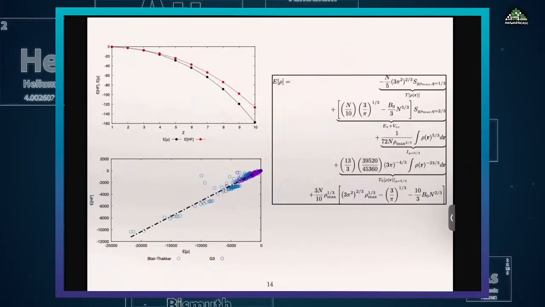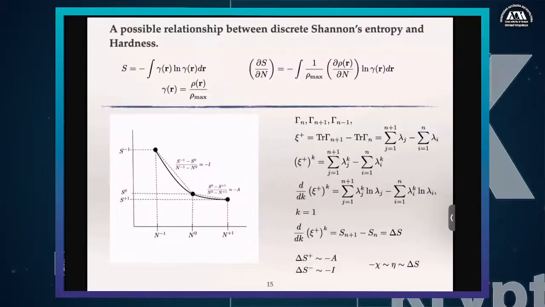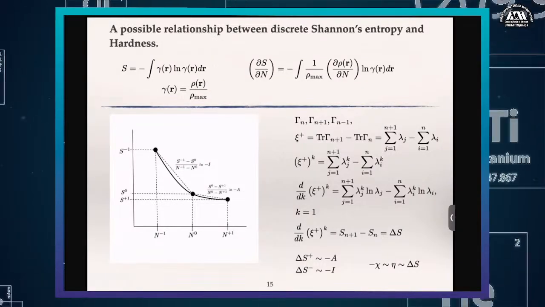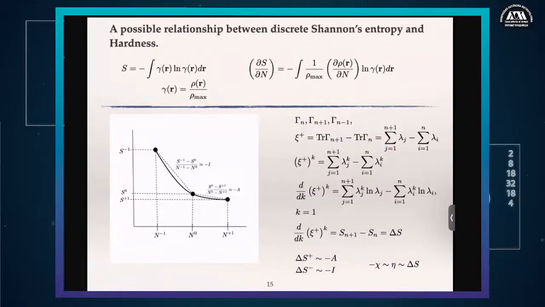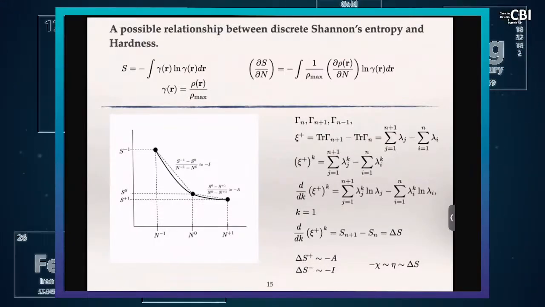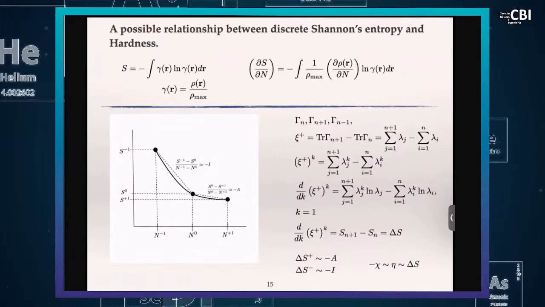So there is another aspect that is very interesting, I think. There is the relationship between Shannon entropy and the theoretical chemical reactivity descriptors.